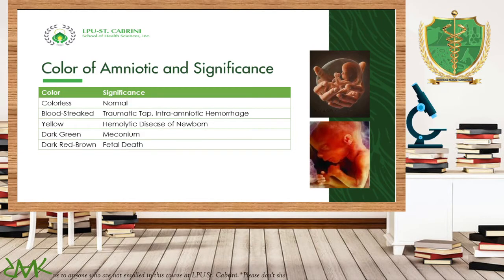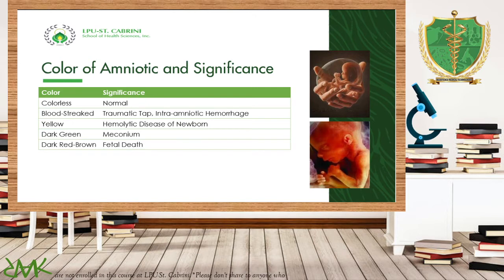Now, what are the different shades or colors of amniotic fluid and their clinical significance? Colorless is the normal appearance of amniotic fluid. A blood-streaked amniotic fluid suggests traumatic tap, or worse, suggests intra-amniotic hemorrhage.